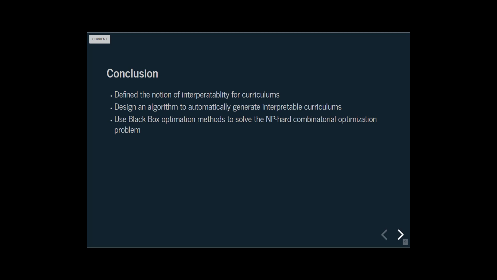In this project, we defined the notion of interpretability for curriculums, which is actually the valid curriculum definition. We designed an algorithm to automatically generate interpretable curriculums, and we used the black box optimization method to solve the NP-hard combinatorial optimization problem.